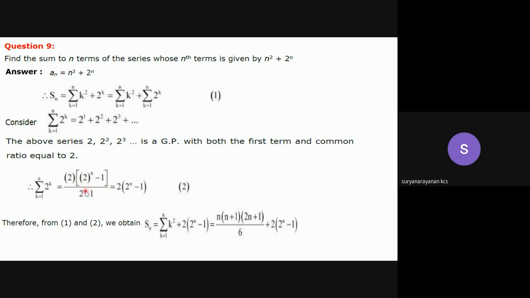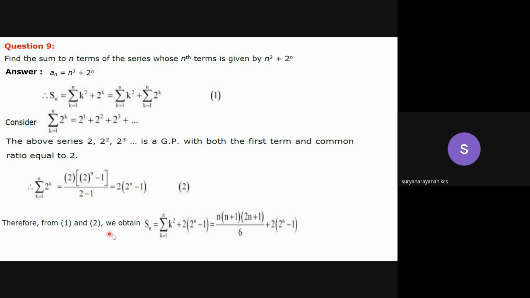By using that formula, we are finding the value of this second term. So 2 into 2 power n minus 1 by 2 minus 1. So here in the denominator we get only 1. So we are not writing 1 in the denominator. And finally we get 2 into 2 power n minus 1. This is the value of this second term.